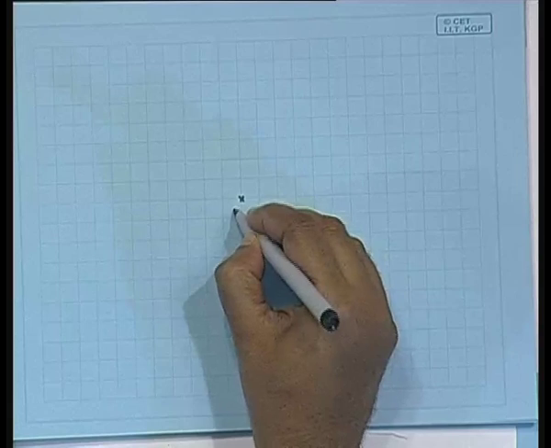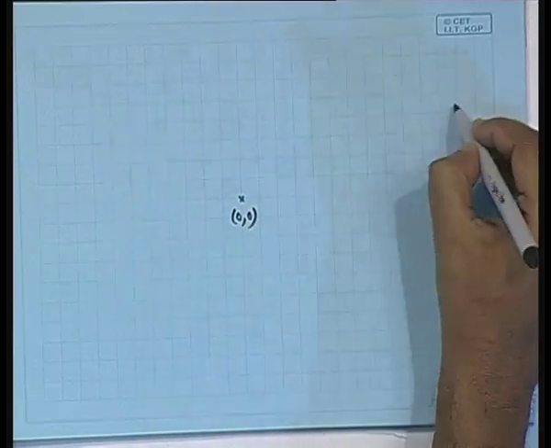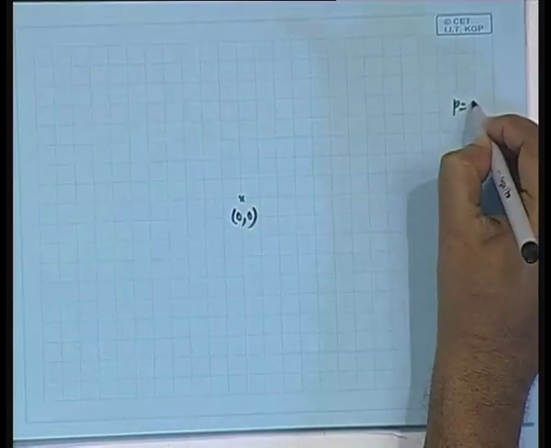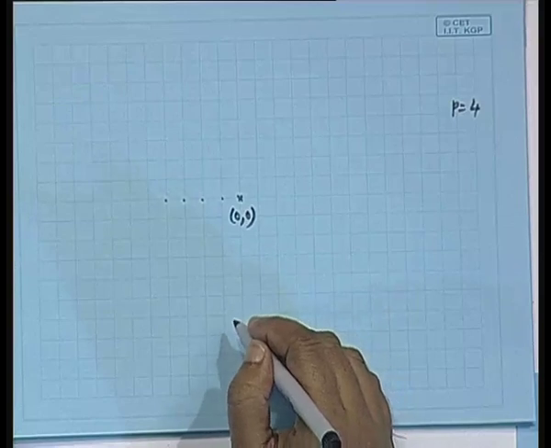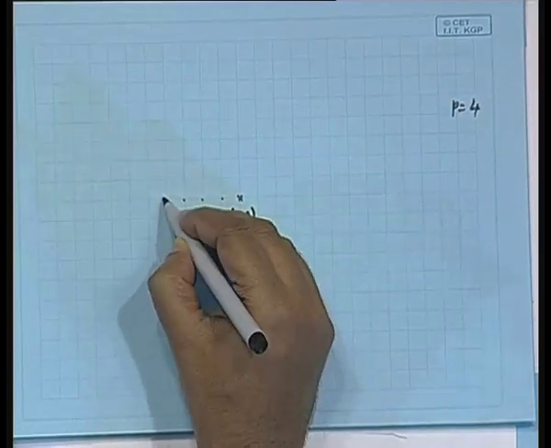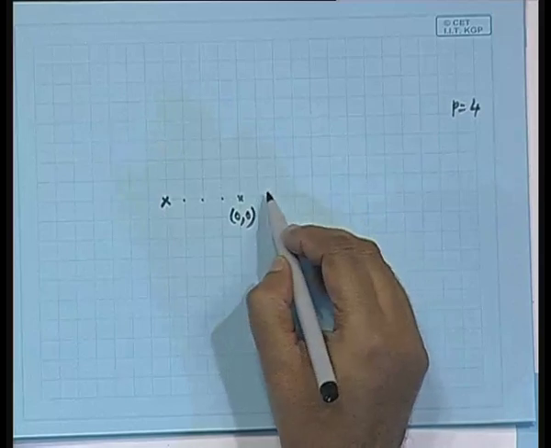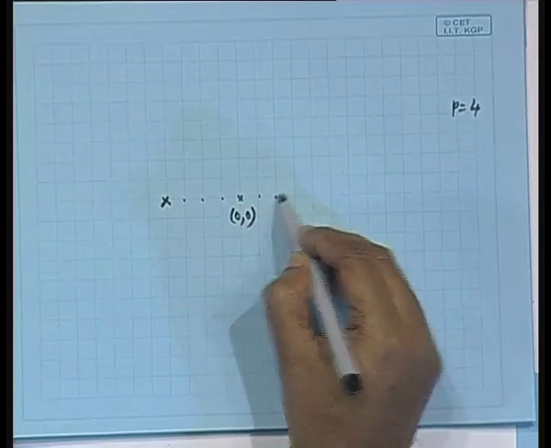If this is your 0 0 position, and let us say p is equal to 4: 1, 2, 3, 4. So this is minus 4 0, or minus p 0. So this is one search position. 1, 2, 3, 4.